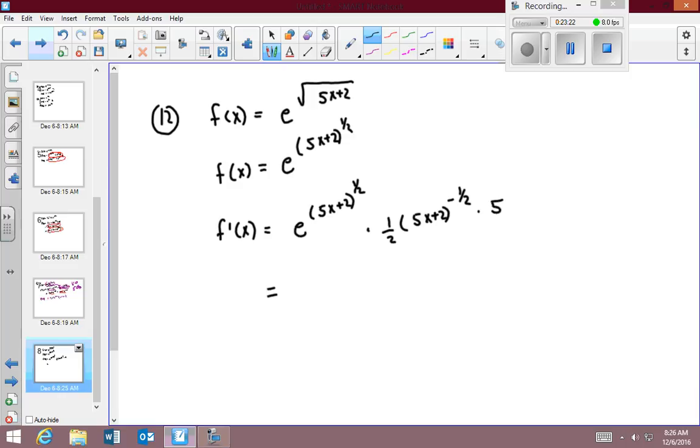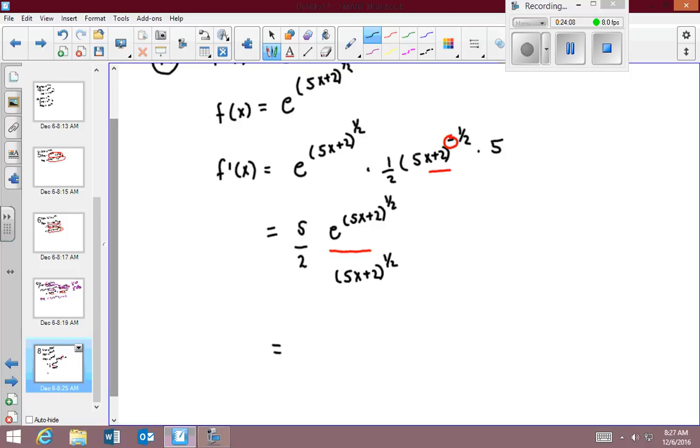So then the 5 halves, I can write that out front. So it's 5 over 2. What's in the numerator is e to the 5x plus 2 to the 1/2. And then this thing right here is in the denominator, because that negative puts it down there: 5x plus 2 to the 1/2 power.